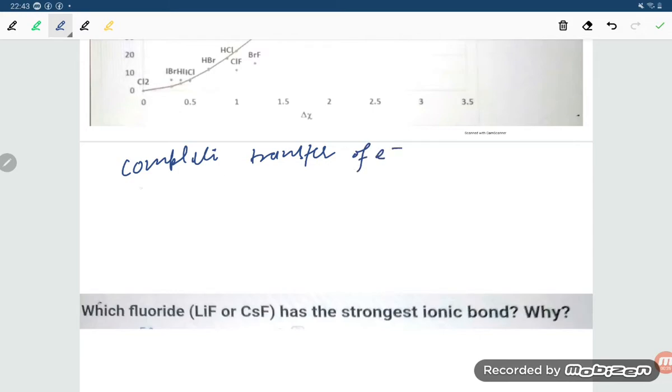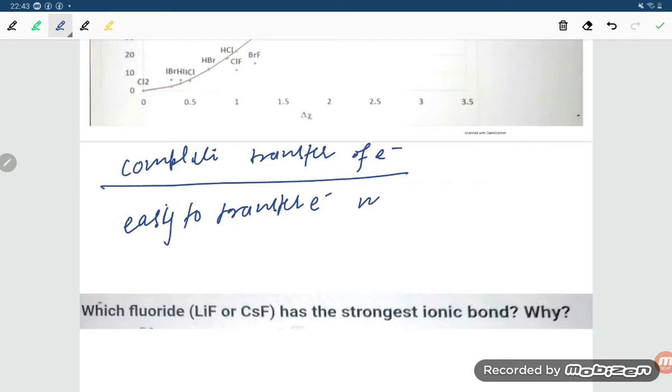So wherever it is easier to transfer an electron, the bond will be stronger. Easy to transfer electron means more ionic character. But this is not the only point.